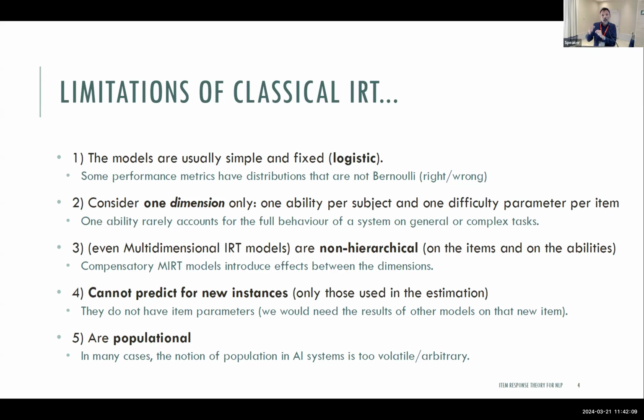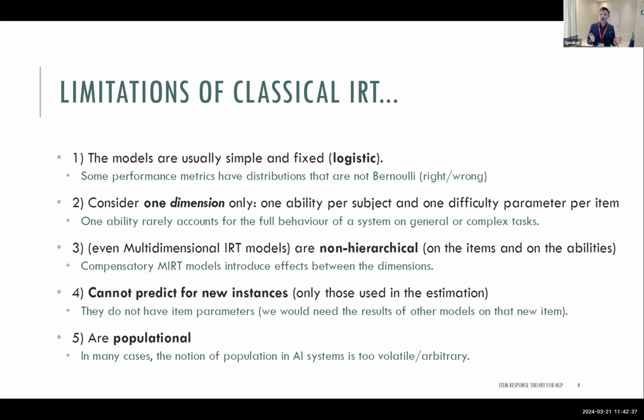But that forces you just to put that instance into the pool. Can we just, for an instance out of the blue, just predict something? Can we say for a model that we have already evaluated how well this model is going to perform for a new instance? So that kind of predictability is something that we don't have out of the box in IRT, but there are some kind of models in IRT that try to extend for this.